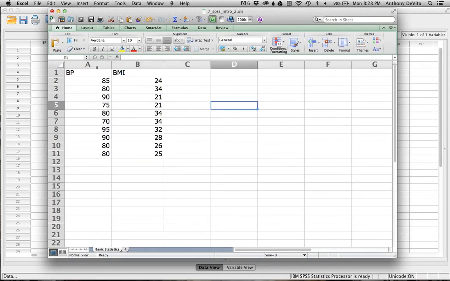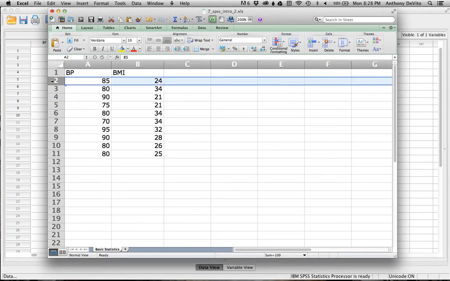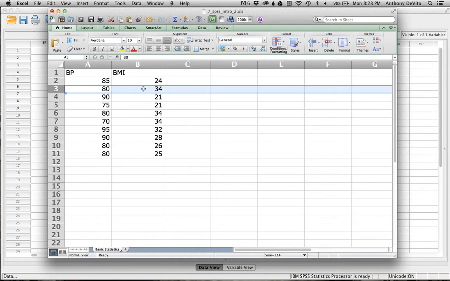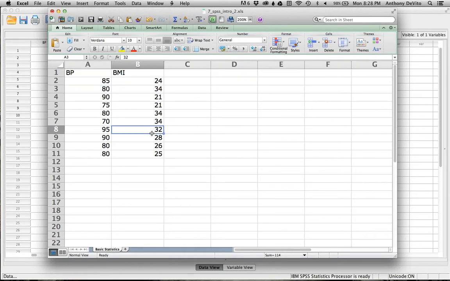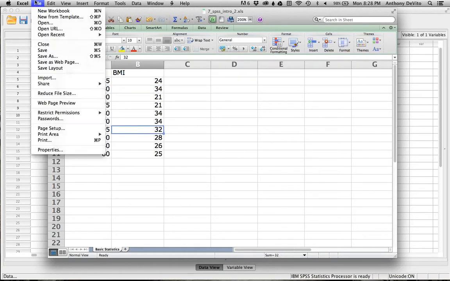So this is subject number 2, his blood pressure is 85, his BMI is 24. The next person, blood pressure is 80, and his BMI is 34, and so on. So I'm going to save this file.